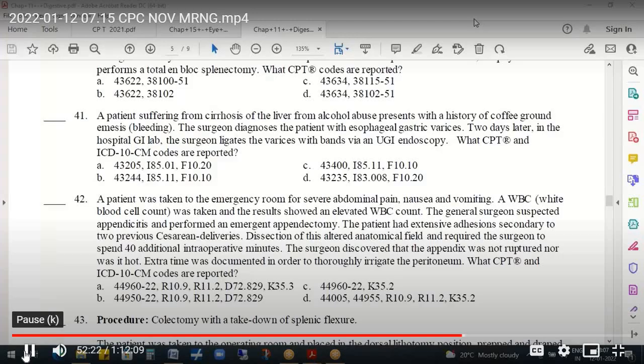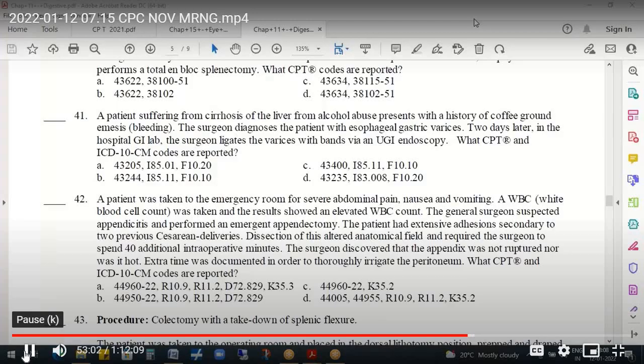Next point. For open type of hernia repairs, mesh can be coded only for two hernias.